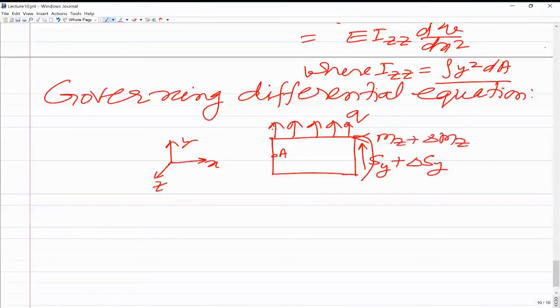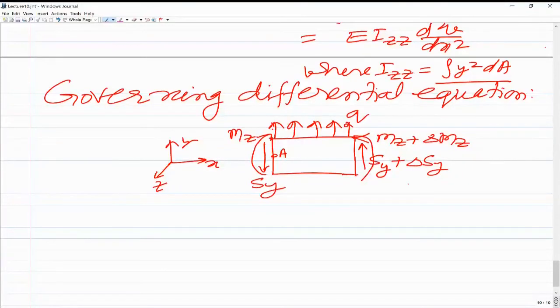On the left hand side, because the outward normal is along negative x direction, the positive shear force would be along the negative y direction, and the bending moment would be about the negative z axis. So this is the bending moment here. On the left we are taking shear force as Sy and bending moment as Mz, and they will change in general as a function of x.